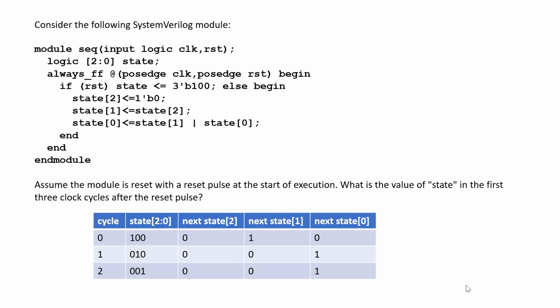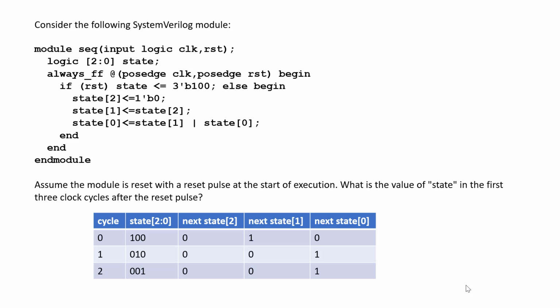The way that I would recommend doing it is just building a table, and we know that when you reset, the state gets reset to 1, 0, 0. So that's our first cycle, and then you calculate the next state based on the current state.